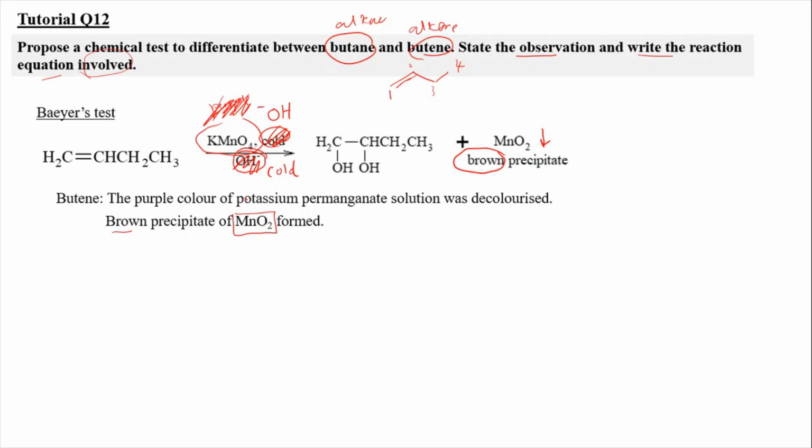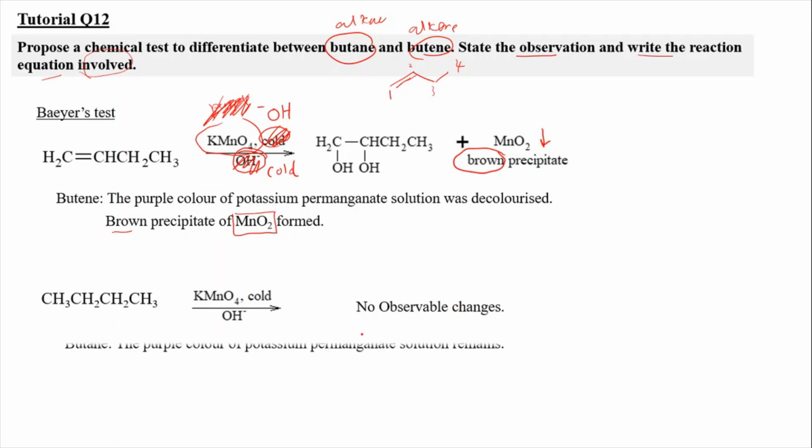Okay. Meanwhile, for an alkane, which is butane here, upon reaction with cold potassium permanganate in basic condition, there will be no observable changes. So what we can say about the observation here is that the purple color of the potassium permanganate solution remains unchanged.